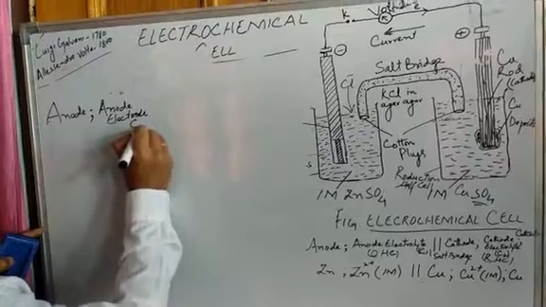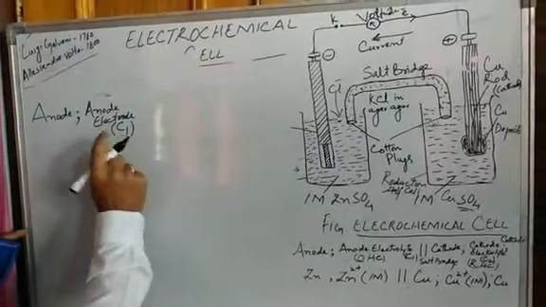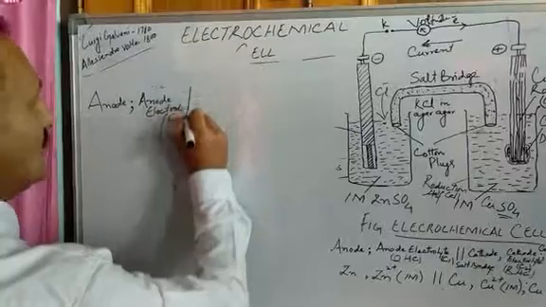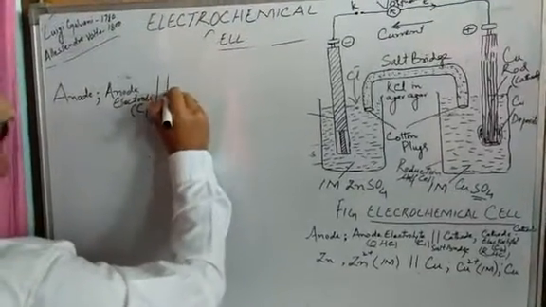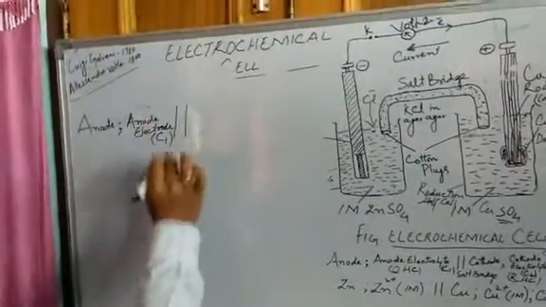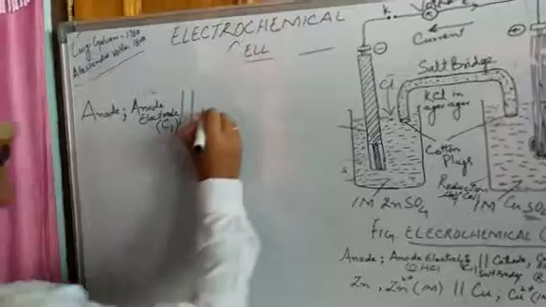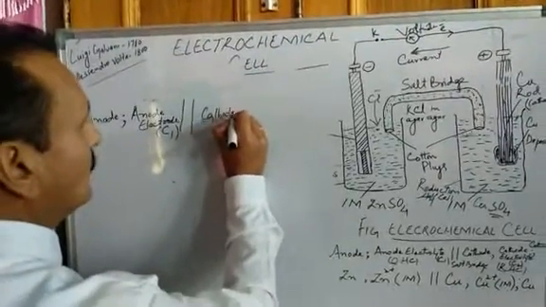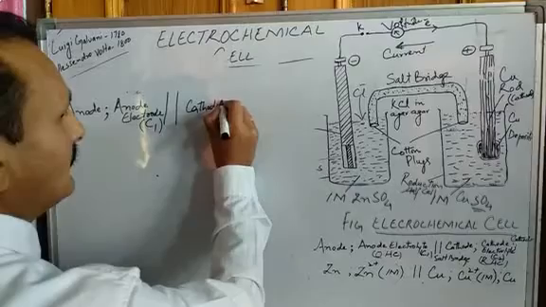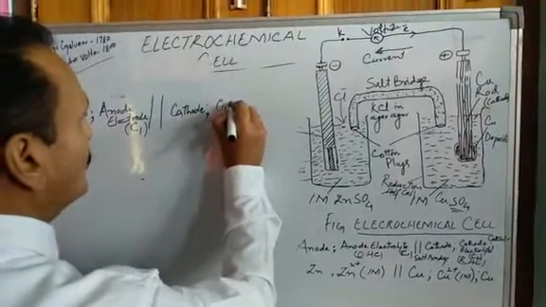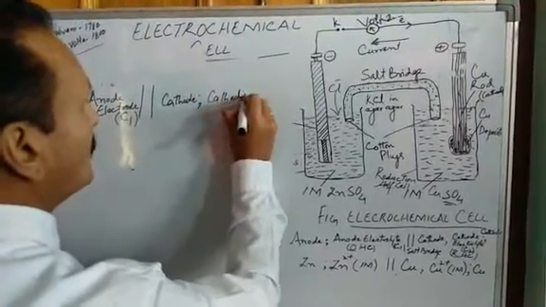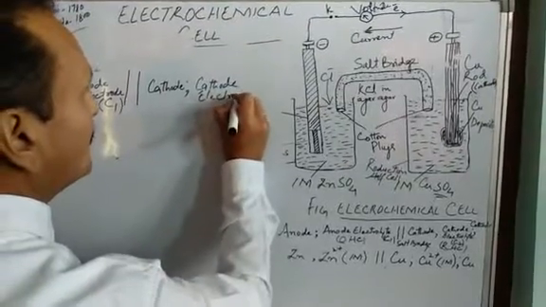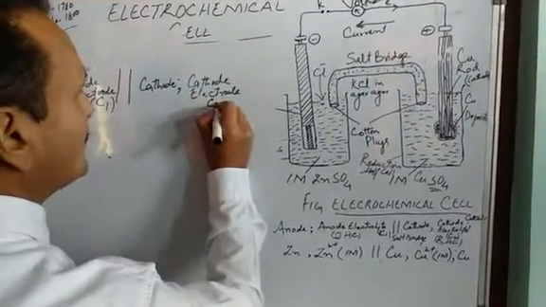And its concentration, that is C1. C1 means the concentration of the first half cell. Then we place a salt bridge here. Salt bridge is represented by drawing two parallel lines from top to bottom. Then we write cathode, followed by semicolon, then the cathode electrode, that is its ion, its concentration C2.